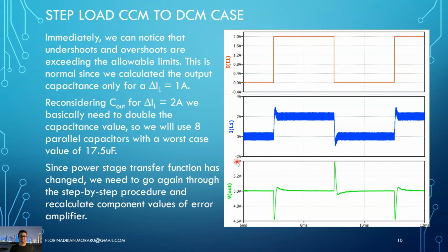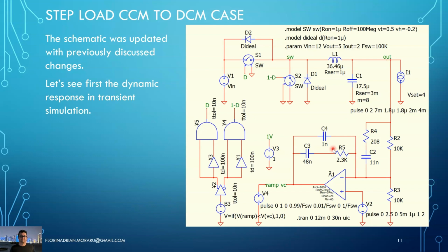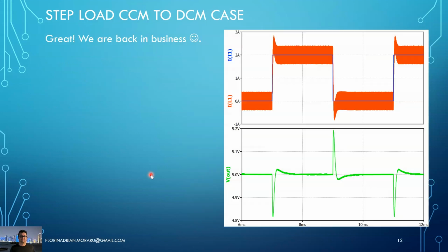So we do this. We end up here with different values in the compensator, and we are ready to see the result.